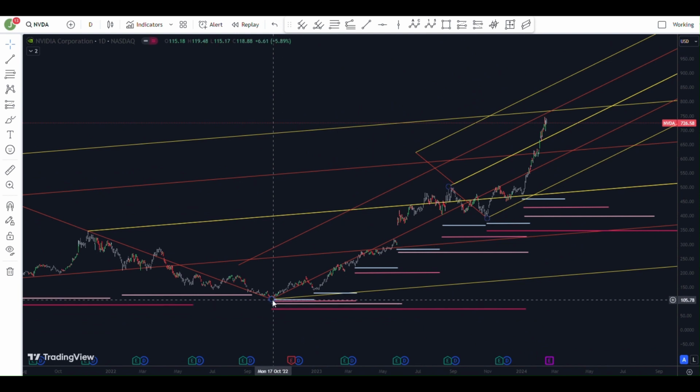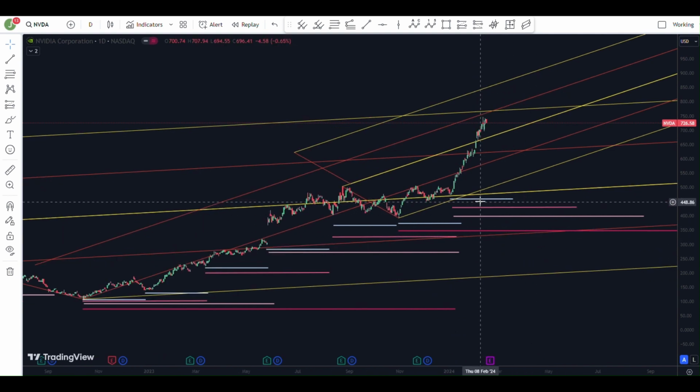Additionally, there's another median line on here from the October 2022 low to the August 2023 high and the October 2023 low. And I did the same exact thing because this median line set clearly worked, right? We went straight to it, stumbled along before selling off a bit, then finally blasting through.